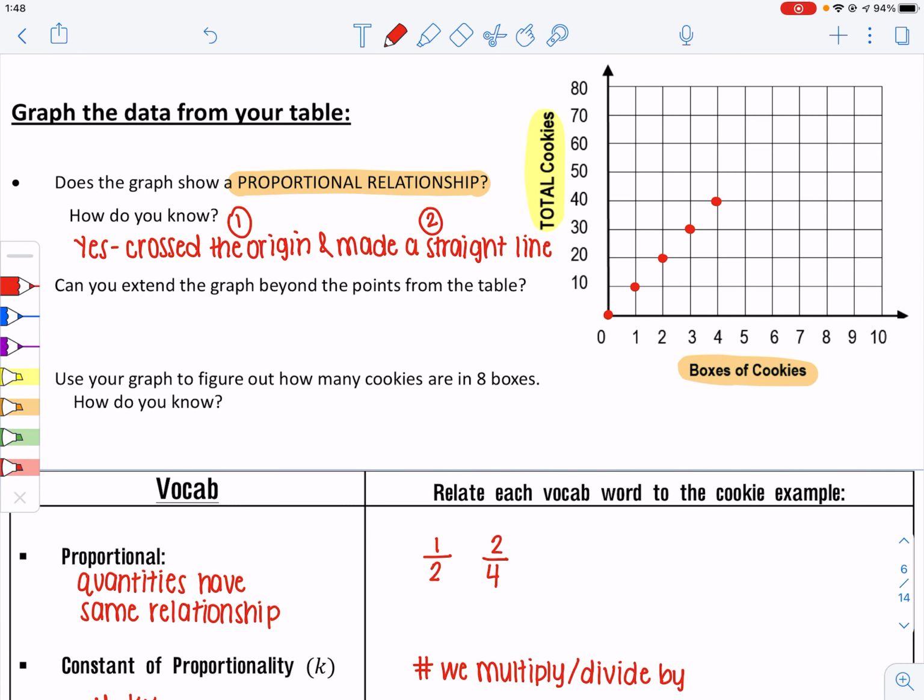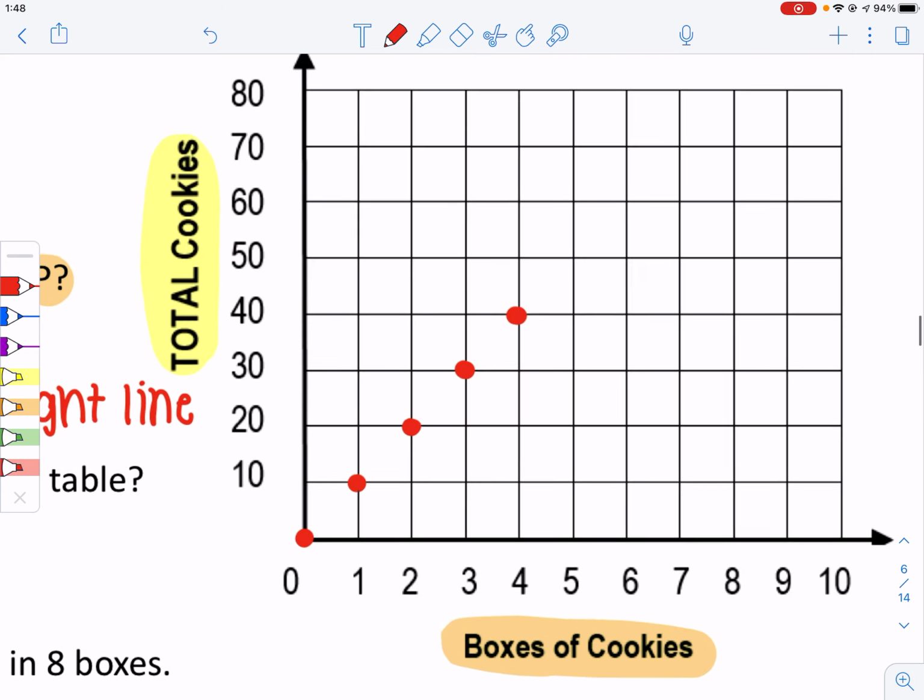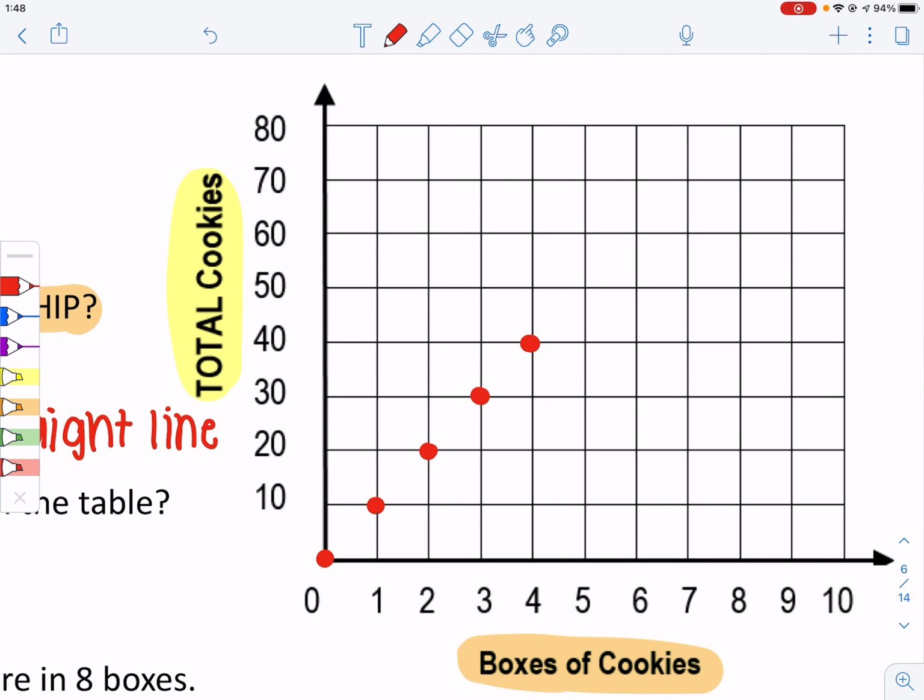Okay, next thing it's saying is, can you extend the graph beyond the points from the table? So right now, the table only has us buying 5 boxes of cookies, but ask yourself, could she buy more than 5 boxes of cookies? Well, she could. She can buy as many boxes as she can afford. So here, yes, we can extend this beyond. Let's go ahead and do that. Give me a straight line, extending all the way beyond the graph with an arrow through it.